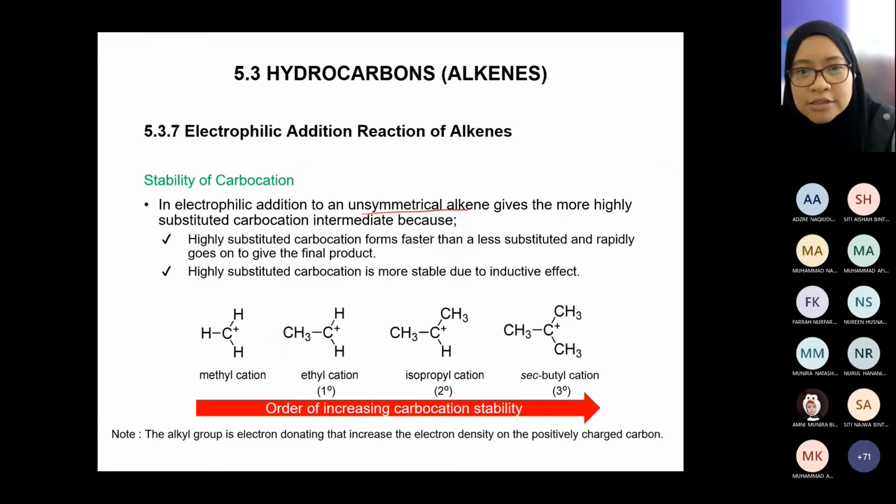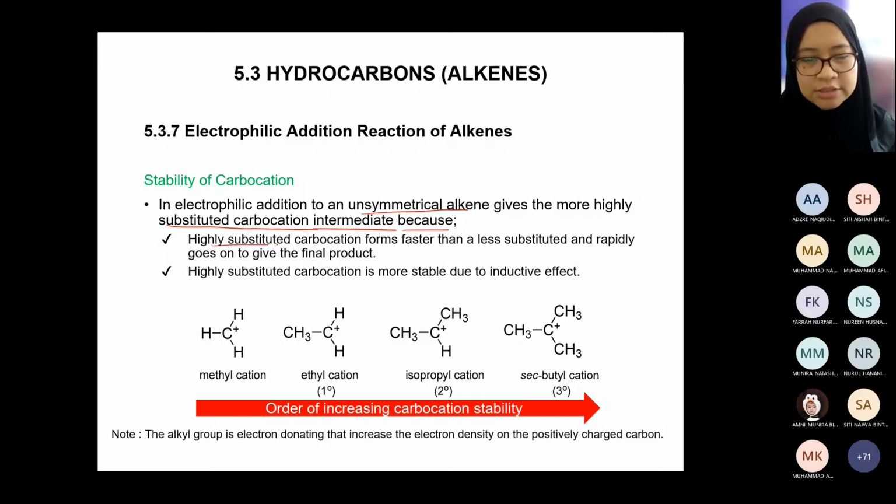Okay, so electrophilic addition to an unsymmetrical alkene gives the more highly substituted carbocation intermediate. Okay, maksudnya carbocation prefers to be formed on the more substituted carbon, that has less hydrogen. Okay, because kenapa?